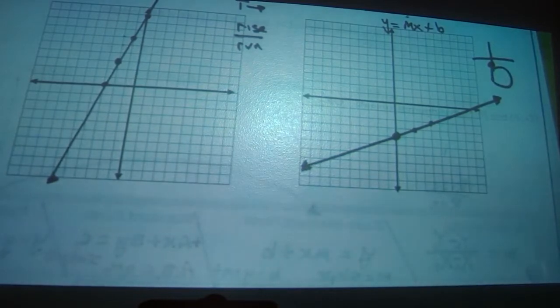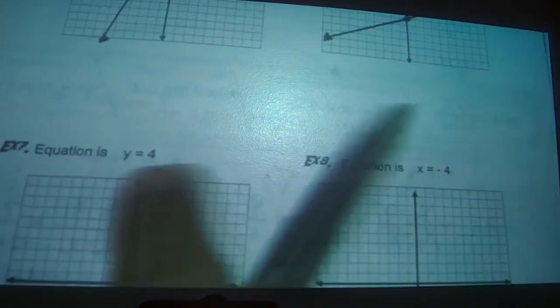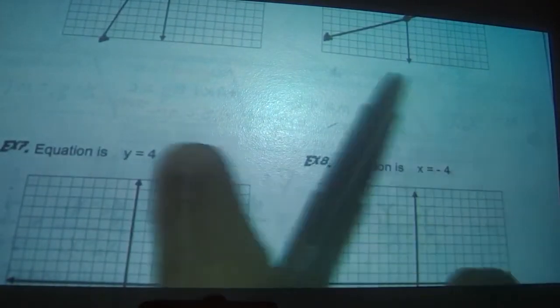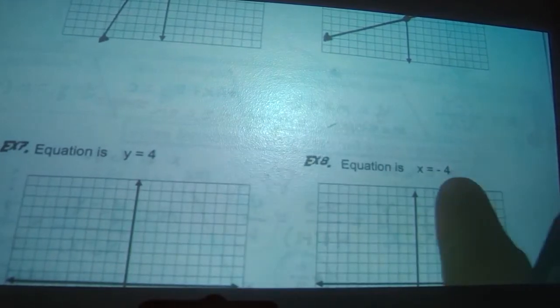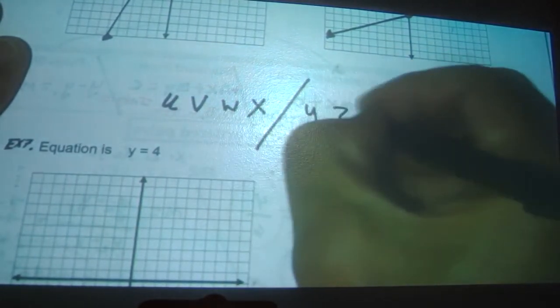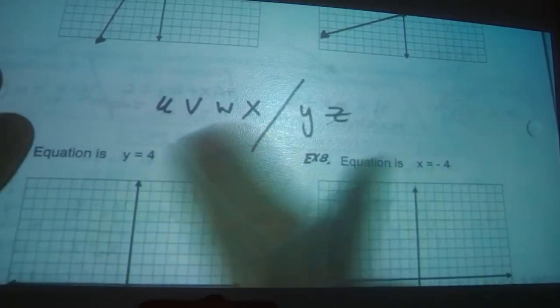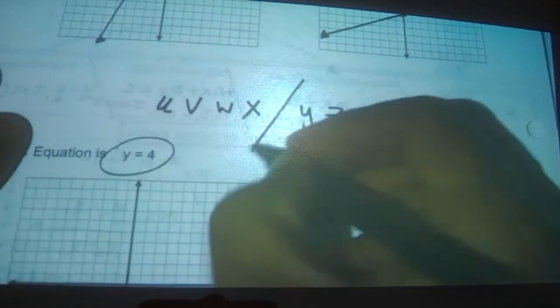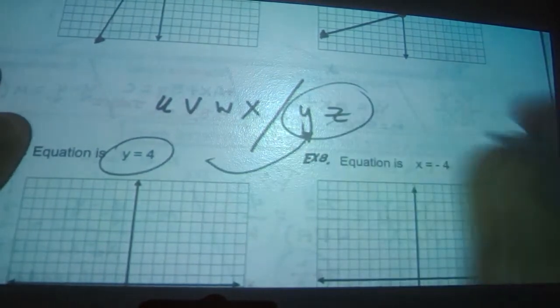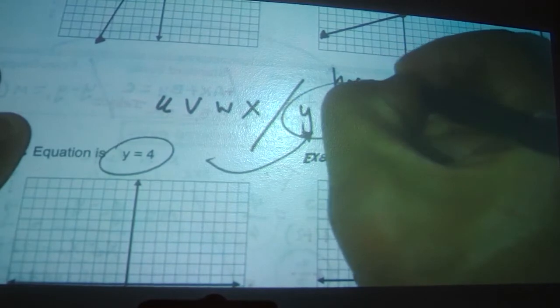Next, I've got 2 different equations here. These are those special ones I just talked about. I have y equals 4, and I have x equals negative 4. This goes back to u, v, w, x, y, and z. If I have a y equals, that's this side: 0 slope, horizontal.